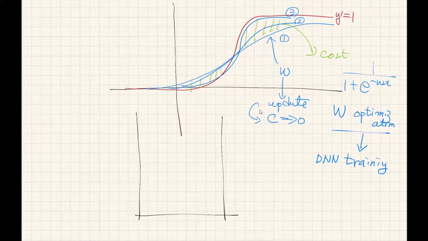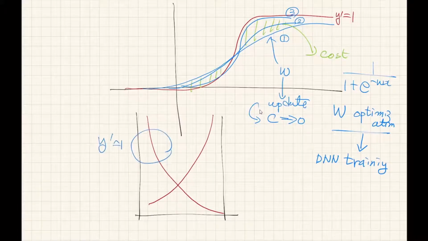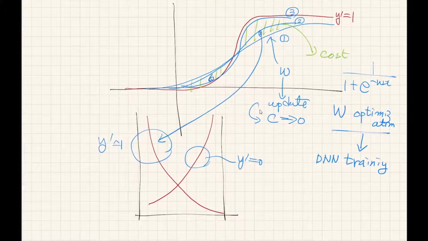In the cost function graph, as I mentioned before, our target sigmoid function will be like that.